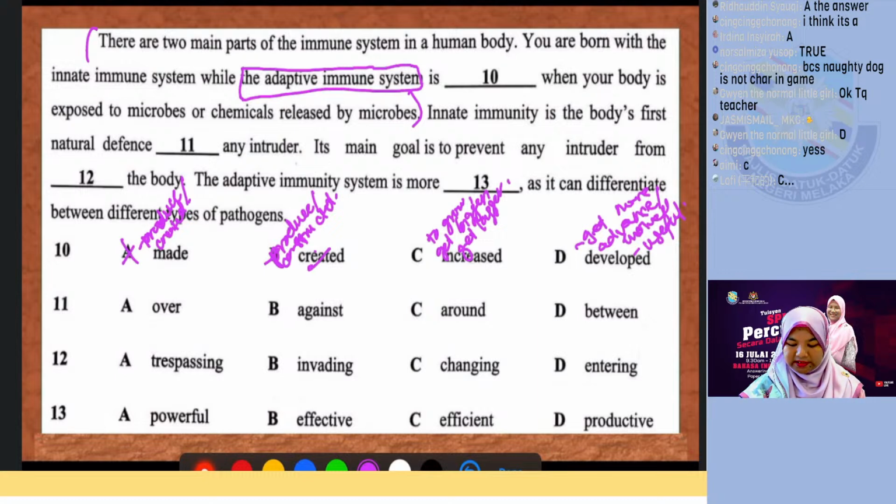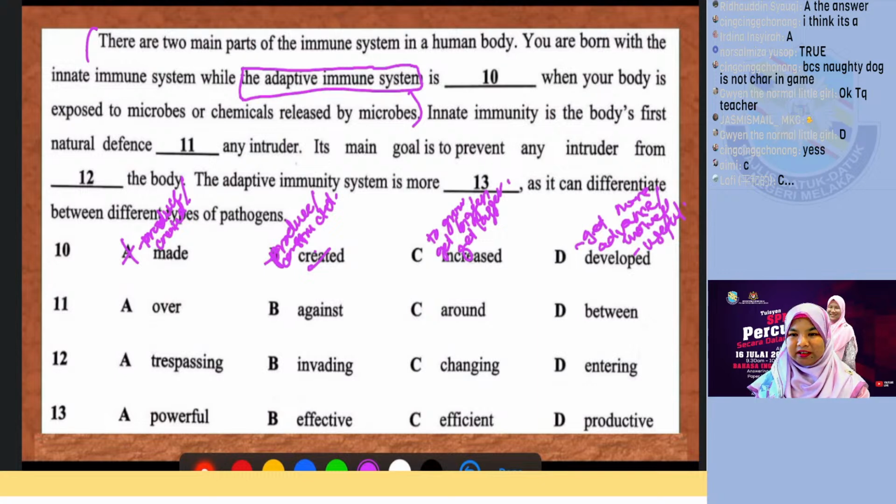So you are left with C or D. Which one do you think is the most appropriate here? Does the adaptive immune system increase, or is it developed? Does the immune system get bigger or larger, grow in size or in level, or is it developed when you have a problem with your health?